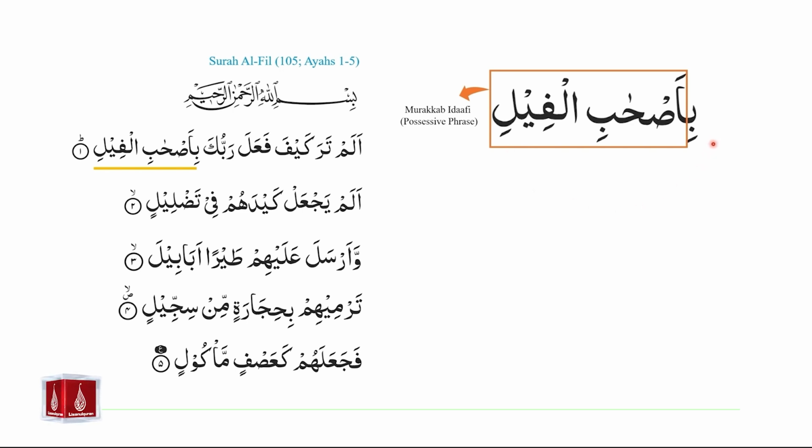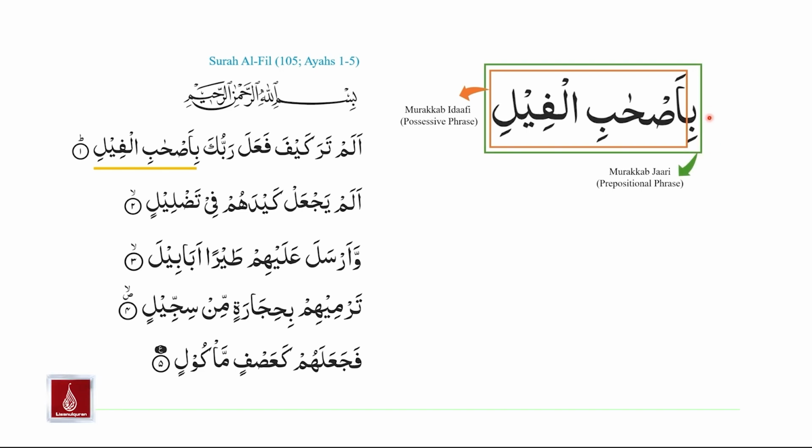The addition of ba harf-e-jar at the beginning will make this a murakkab-e-jari or prepositional phrase. Taken together, bi ashabil fili can be translated to with the people of the elephant.